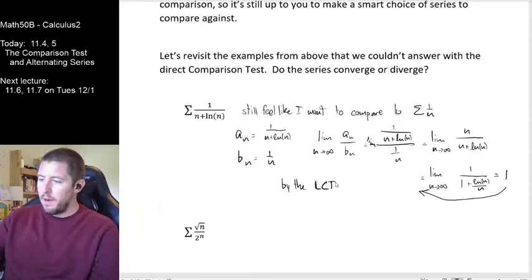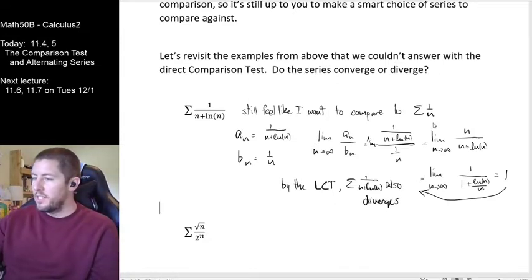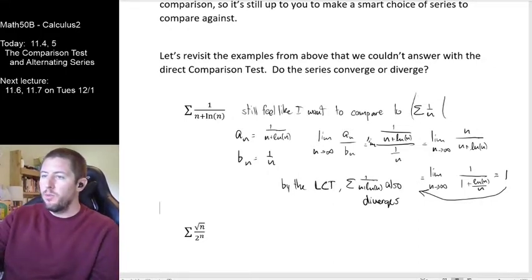By the limit comparison test, the sum of 1 over n plus ln n also diverges. And again, technically, one of the things I slightly glossed over, I should say, is that we do need to give a little justification that this thing diverges.